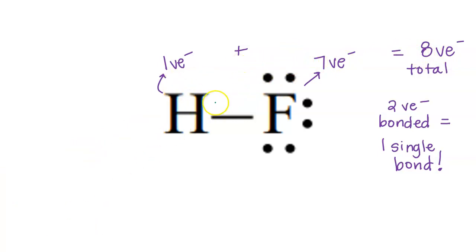We have 1, 2, 3, 4, 5, 6, 7, and 8. So 8 in our whole molecule right here. A total of 8 is what we need. So we're doing good on this one.